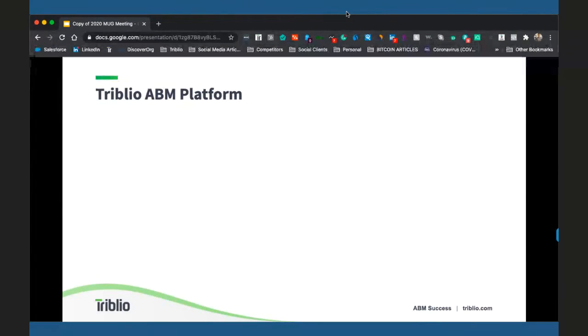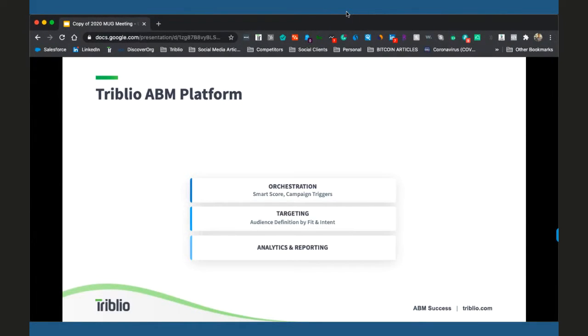And so this, Triblio itself, we integrate with Marketo. We integrate with Salesforce. We integrate with Microsoft Dynamics, whatever CRM you guys are utilizing.